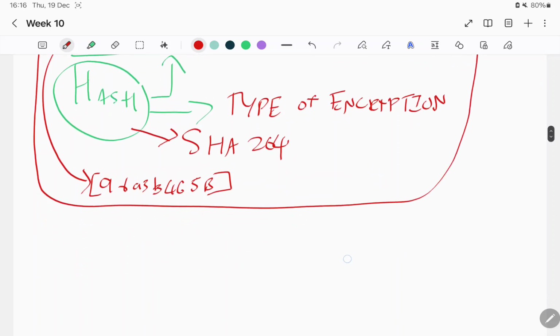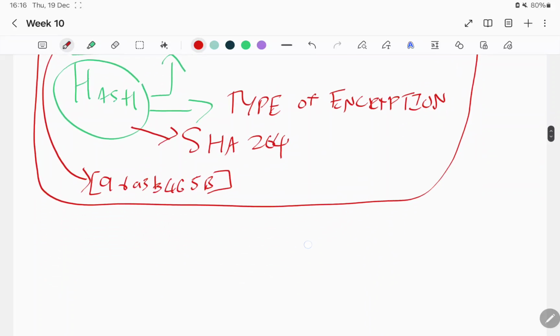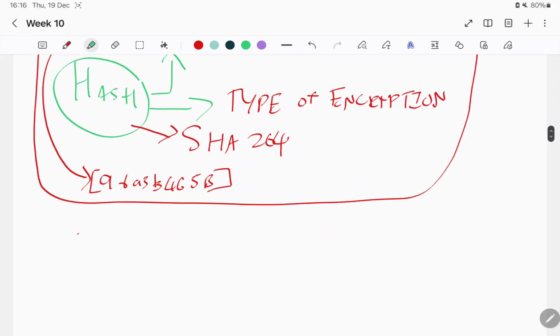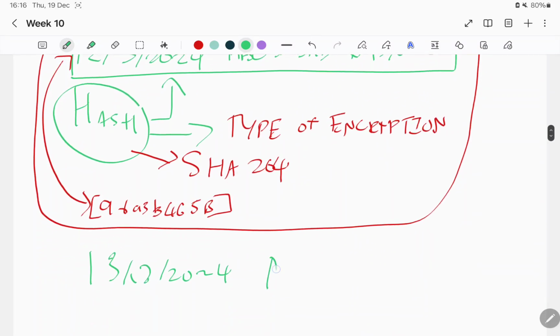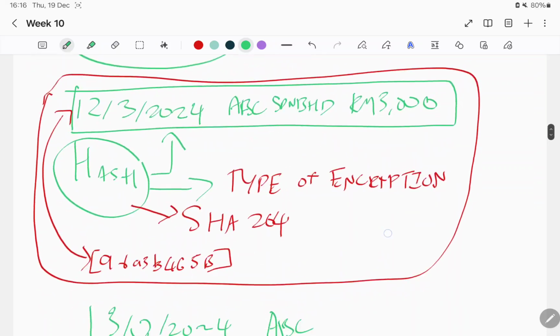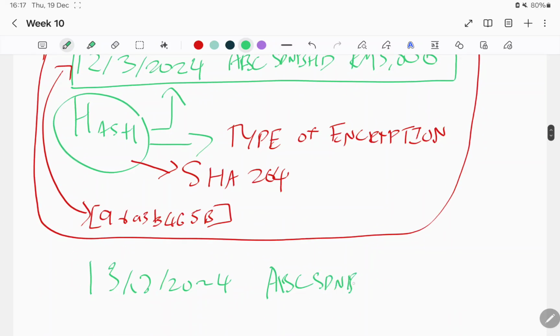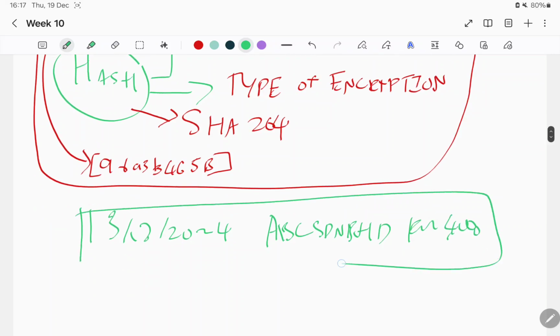And there will be another transaction, let's say on the 13th, 12, 0 to 4, then maybe BC Berhad, RM 4000. I'm making this up. Later I'll tell you the different types.